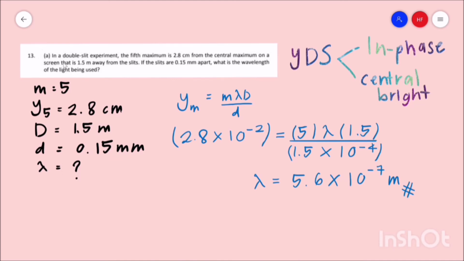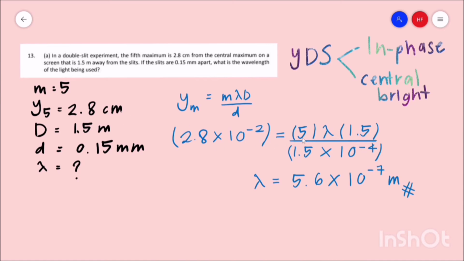So since this question is about a double slit experiment, it is a Young double slit and it is in phase and the center is always bright. So we use this equation, ym equal to m lambda capital D over small d. So y equal to 2.8 times 10 to the power of negative 2 because we want to convert the unit centimeter to meter.